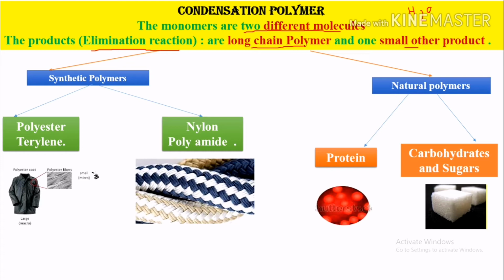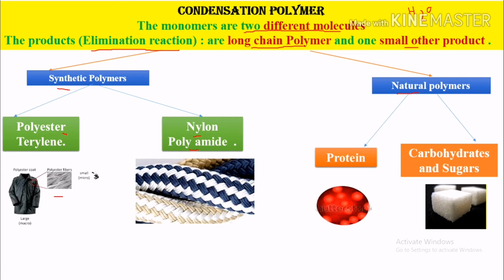Condensation polymers are divided into two main types. The first type is synthetic polymers, like for example polyester, and nylon polyamide. These are the two types of synthetic polymers: polyesters or Terylene, used for making clothes, and nylon polyamide, used for making ropes and different types of clothes.